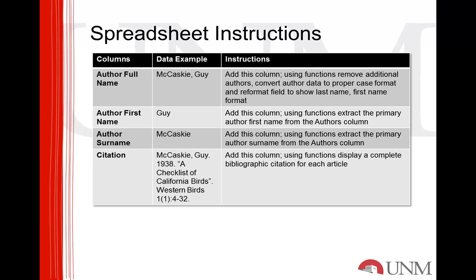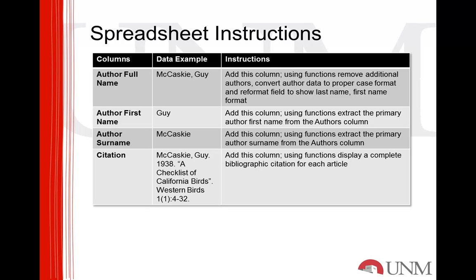So using, again, formulas and functions, we want you to, on the right-hand side of the spreadsheet, strip out all of the co-authors and then transpose the form of the name of the primary authors from first name, last name to last name, comma, space, first name, just as if you were writing a bibliographic citation.